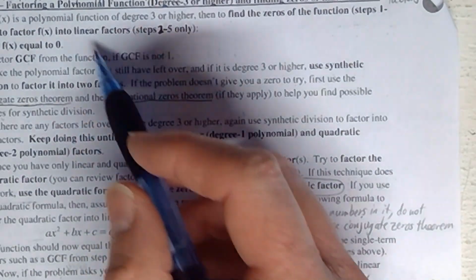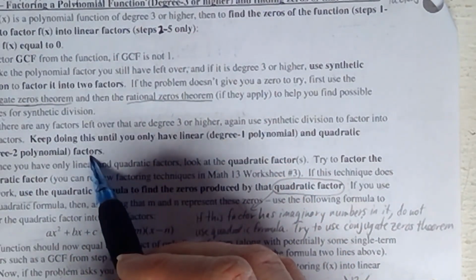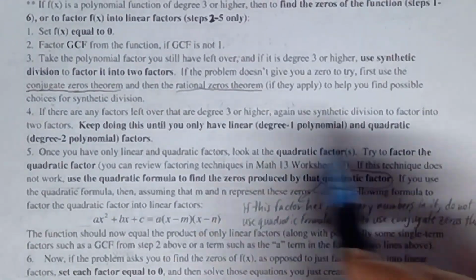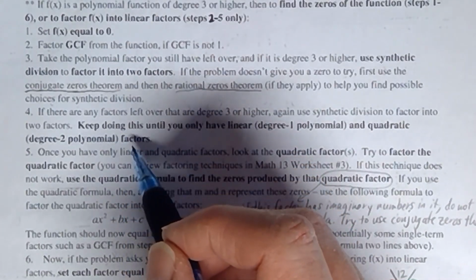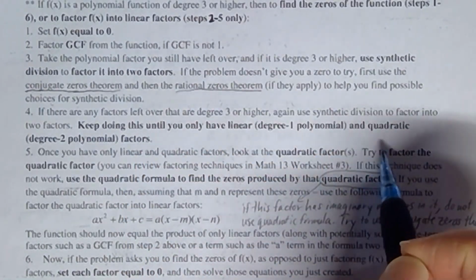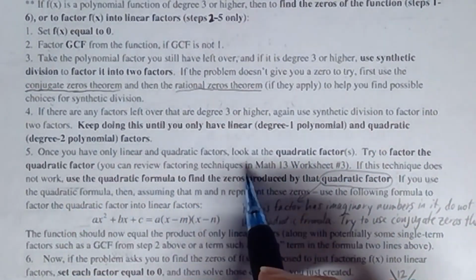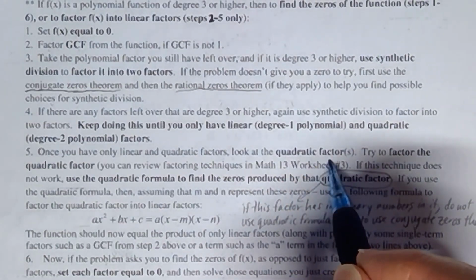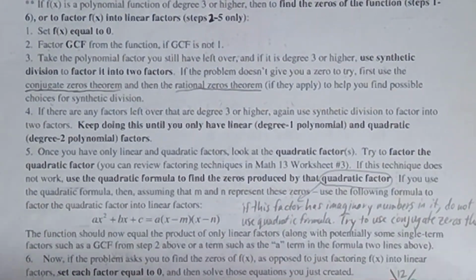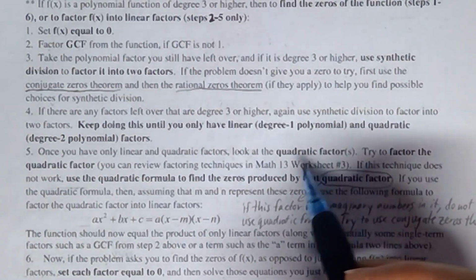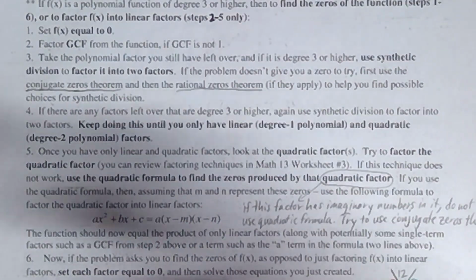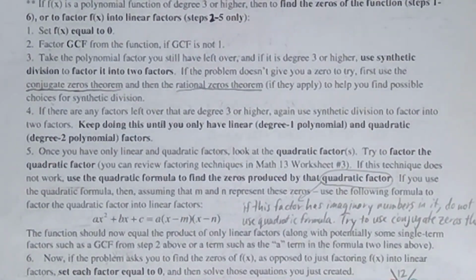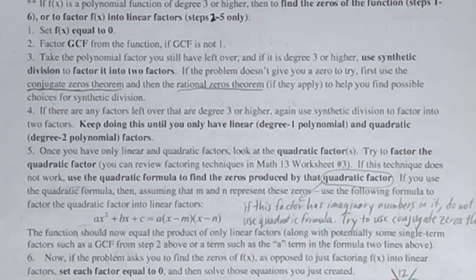That's what it says here in steps 2 through 4. Get down to linear and quadratic factors, and then once you do that, take a look at the quadratic factor. If it's a problem where they want all linear factors, that quadratic factor typically will also break down to linear factors as well, and so you'll be fine.